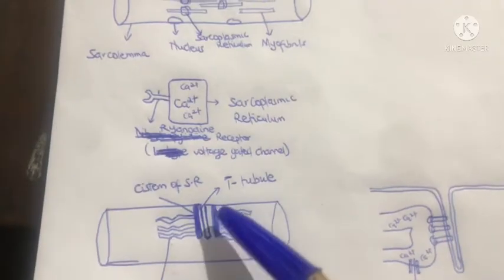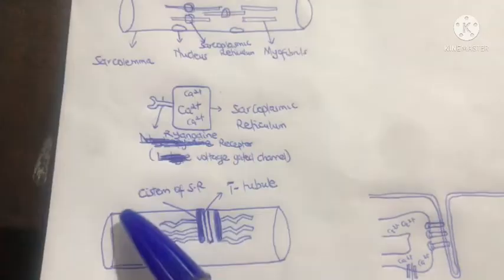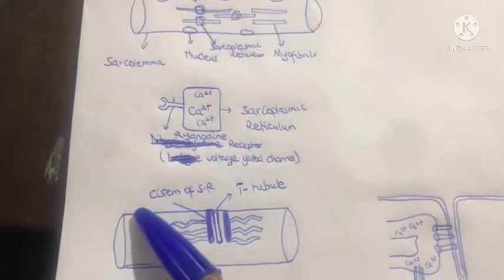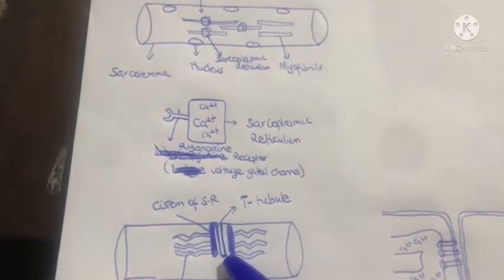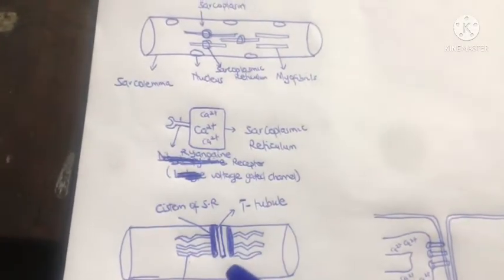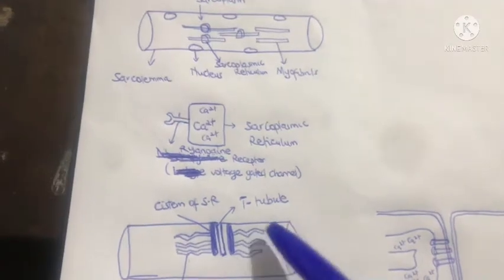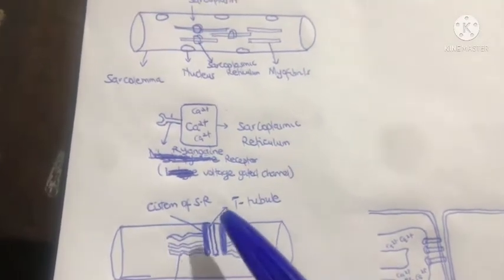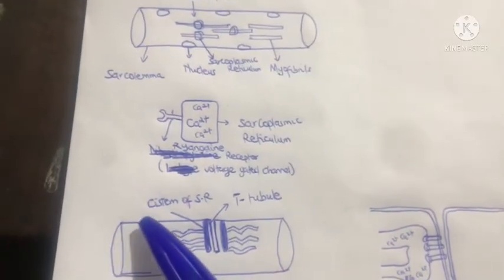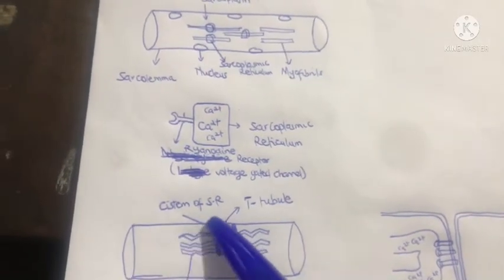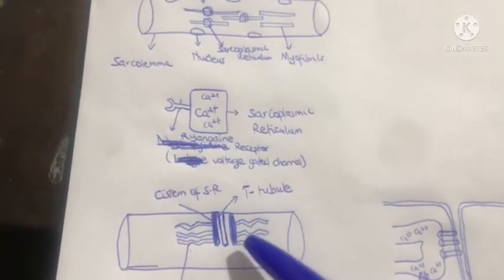The function of the T tubule is to conduct impulses or electrical signals traveling on the surface of the sarcolemma into the cell, and specifically to the tube-like sarcoplasmic reticulum.